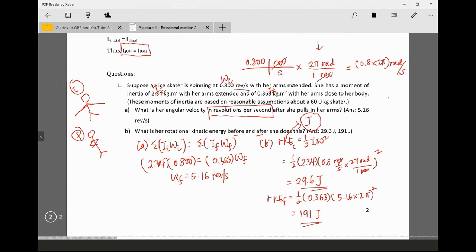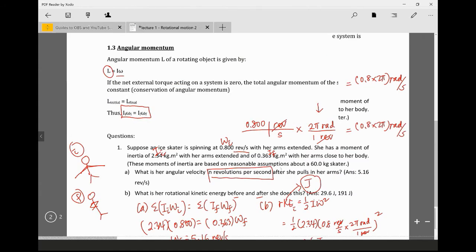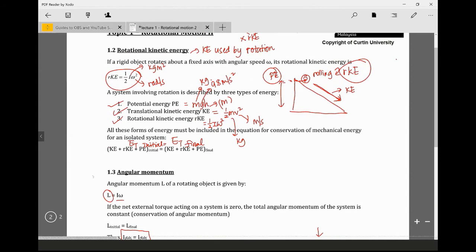This is the part students always get confused about. Conservation of energy refers to the total mechanical energy, not one form of energy only. When I say the initial energy equals the final energy, it must be the total initial energy equals the total final energy. The total here is very important.